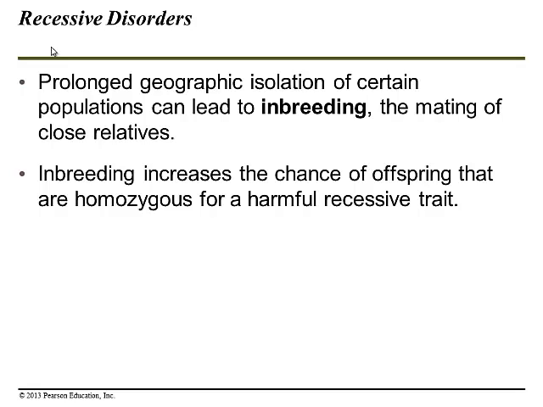Prolonged geographic isolation of certain populations can lead to what we call inbreeding. So when I breed too closely, if I take a heterozygous individual and breed them with a homozygous dominant individual, what are all my offspring going to be?